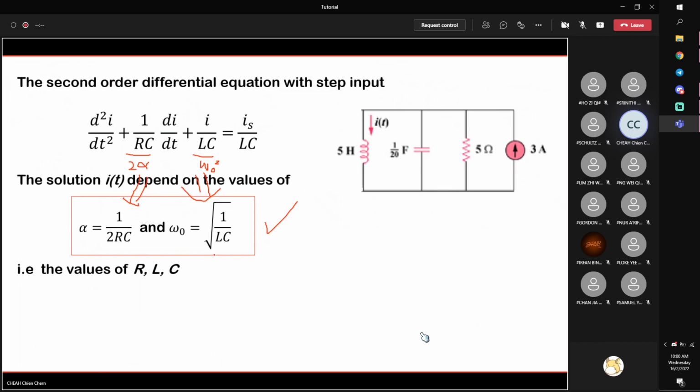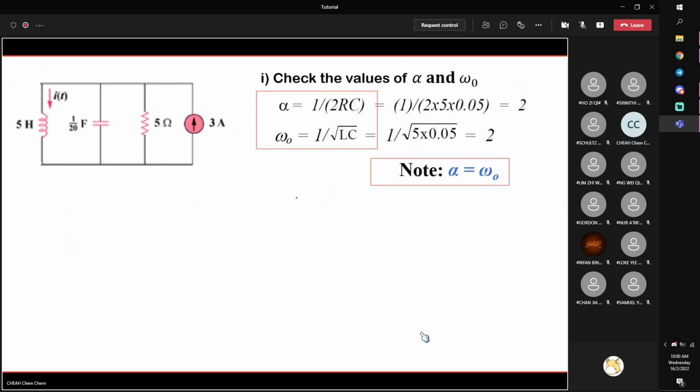Then we can get the values of alpha and omega 0. Which means that the remaining job is just to substitute. L is equal to 5, C is equal to 1 over 20, R is equal to 5. Put it into here, you can check that alpha is 2, omega 0 is 2.